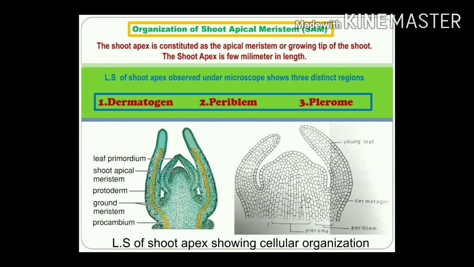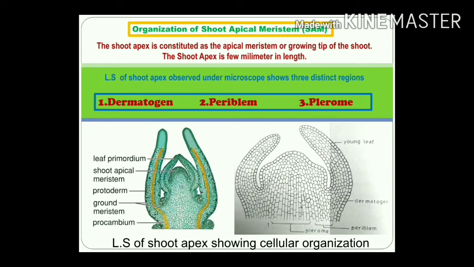So, a shoot apical meristem is a dome shaped mass of dividing cells at the shoot tip. Leaves develop from leaf primordia along the sides of the apical meristem, and axillary buds develop from meristematic cells left at the base of leaf primordia, as shown in the diagrams.